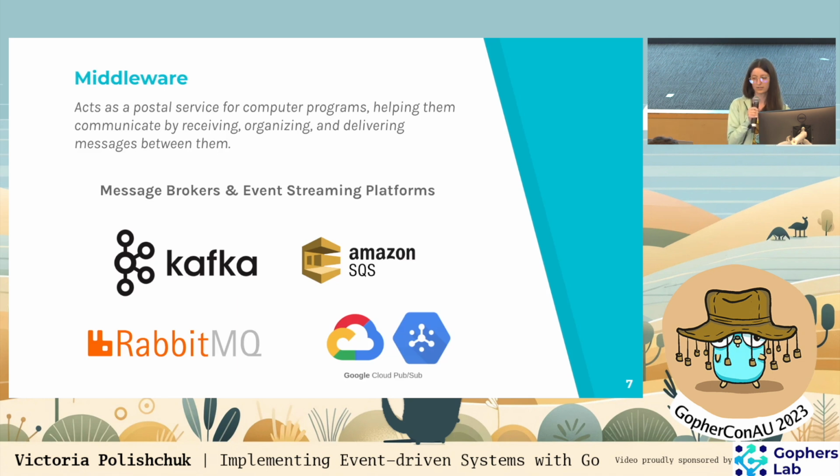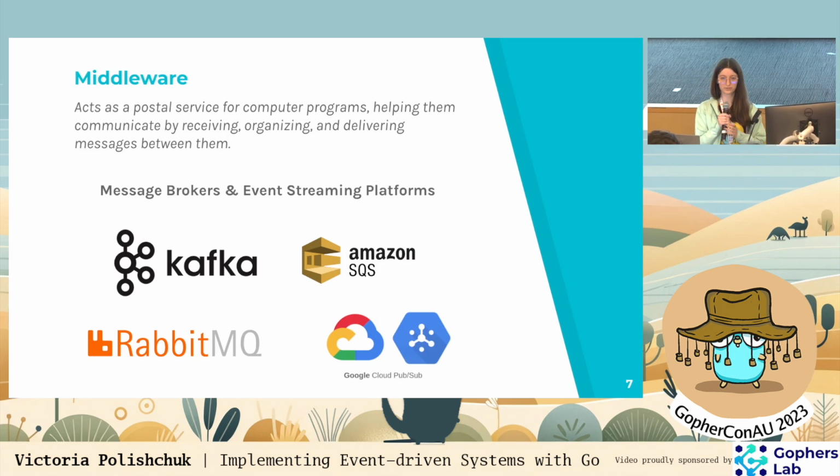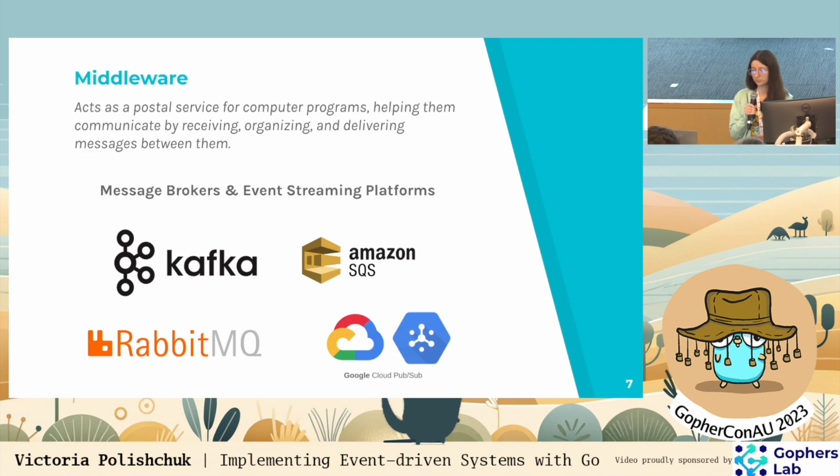They all act as a postal service for computer programs, helping them communicate by receiving, organizing, and delivering messages. So, for example, we have Kafka, Amazon SQS, RabbitMQ, PubSub. They can all be used as middleware in an event-driven system.